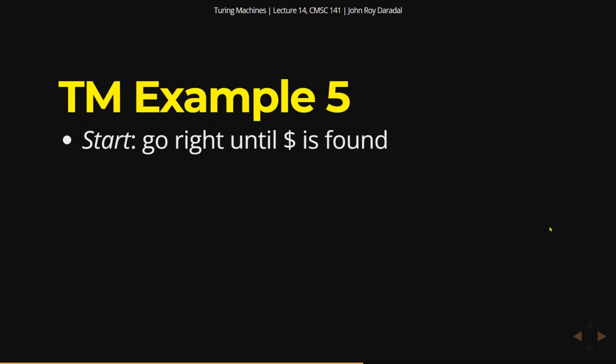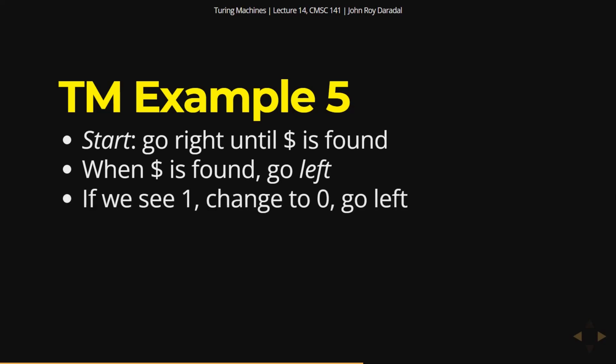So it's actually pretty straightforward how to do this. At the start, you go to the right until you reach the end of the string, until the $ sign is found. Once you find it, go back to the left, and this is how you will add the 1. If you see a 1, change it to 0 and continue to the left. That means you added 1 to it, so 1 plus 1 becomes 0, and then you carry 1, so you go to the left and add more 1s.